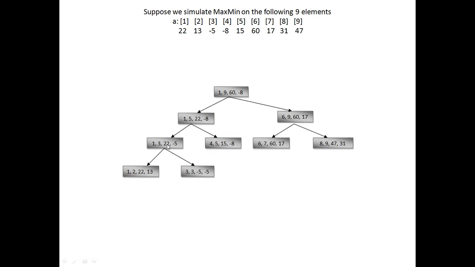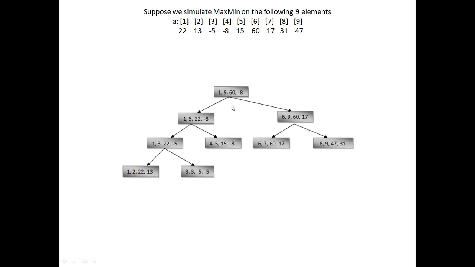Now, this 22 is compared with this 15. Which is bigger? 22 is bigger. -5 is compared with -8. Which is smaller? -8 is smaller. So, in between 1 to 5, 22 is bigger and -8 is smaller. This has been found out.